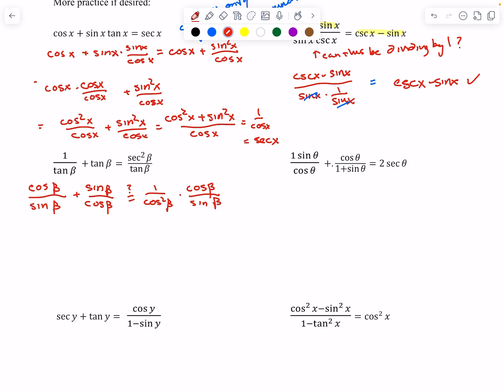Okay, so what have we got? Notice that on this side I can cancel a cosine. On this side I have to do common denominators, multiplying the first fraction by cosine over cosine, and the second fraction by sine over sine.